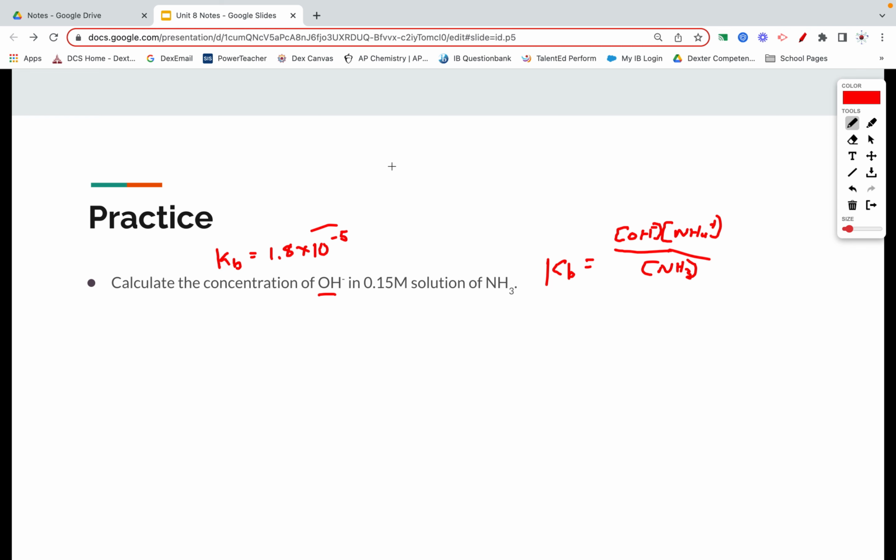I know that because we go NH3 plus H2O. Remember, a base is a proton acceptor, so it becomes NH4 plus, proton accepted, and OH minus. Okay, so it took its hydrogen from the water. All right, so we need to solve for our concentrations here.